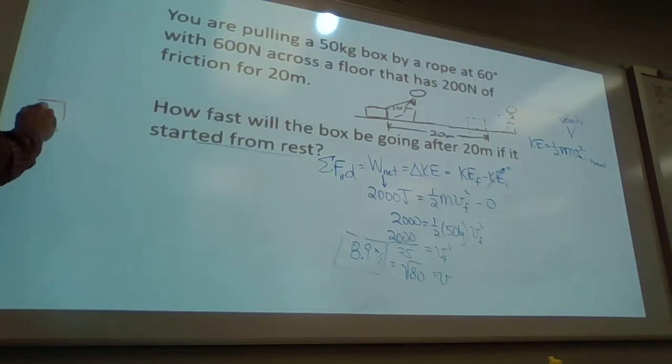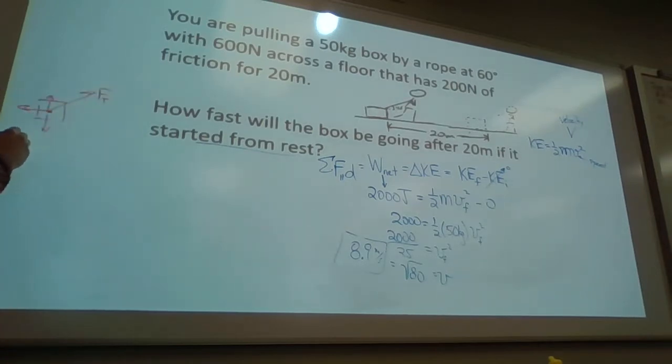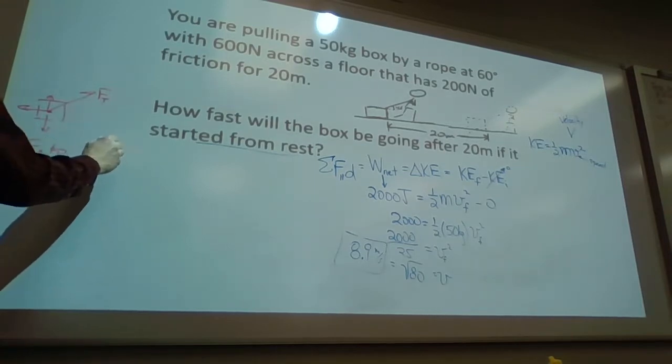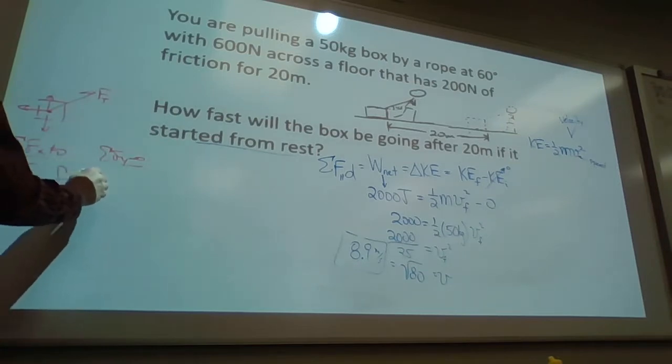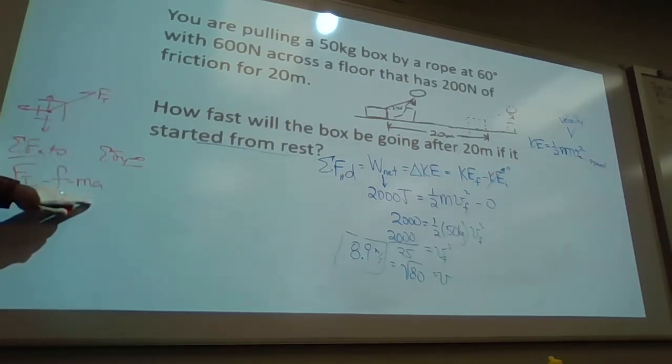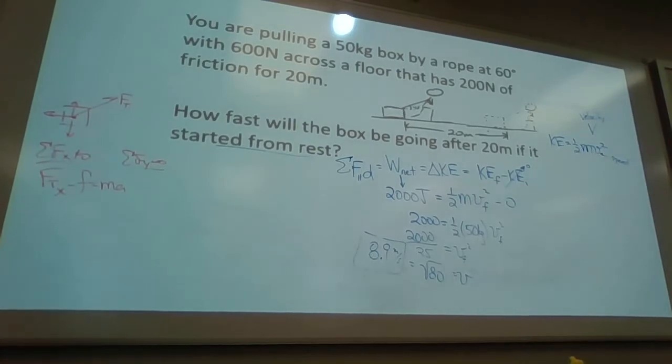Truth be known, we could solve this problem before this chapter. Draw a free body diagram. Sum of forces in the x direction, in the y direction. Solve for acceleration. Take that acceleration and stick it in the kinematic equation and find the same answer, 8.9 meters a second. True, valid, works. Okay. What we're looking at is a different way to calculate the same thing.